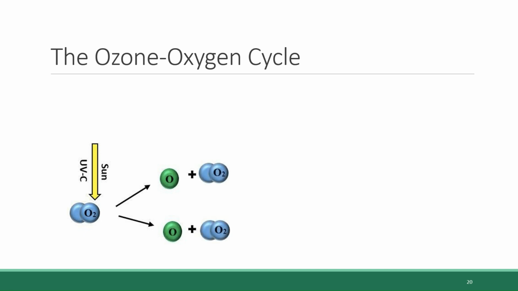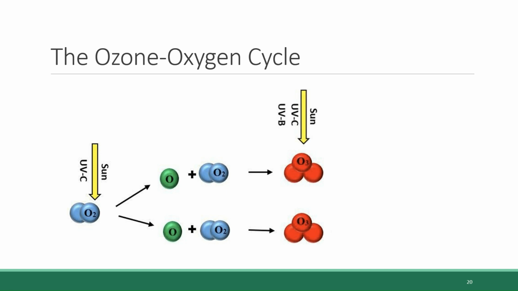Then each one of those oxygen atoms grabs on to an intact molecule of oxygen gas available, and together they become O3, ozone. Then this ozone will absorb more UV radiation from the sun, breaking it back down into lone oxygen atoms and oxygen gas. And we will end up back where we started.